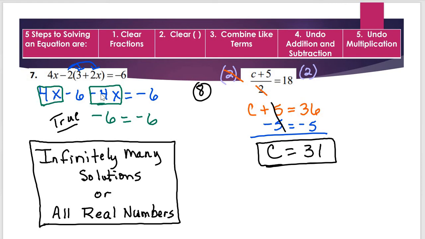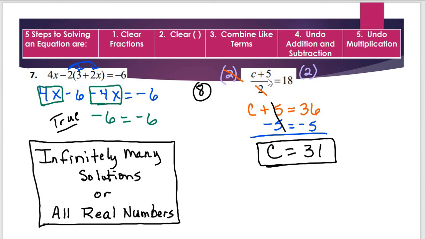Now add 4 plus a -4. And you see that that cancels out to 0. Don't put 0x down. You don't need it. Bring down what's left on each side. And you see you have a -6, -6. So this one right here is true. So your answer is infinitely many solutions or all real numbers, one of these two. Do not put this as your answer.